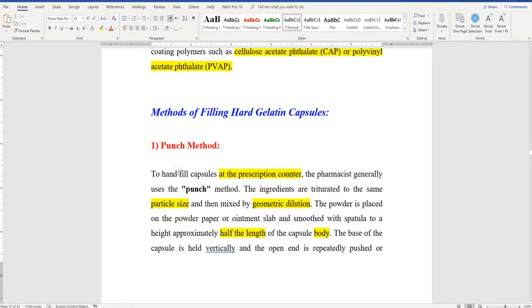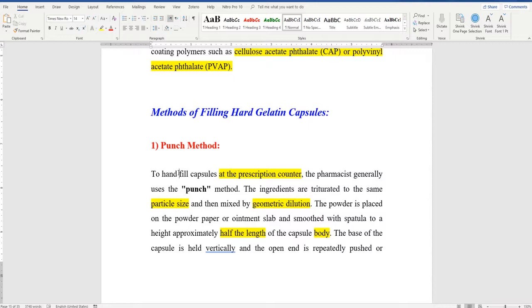Now, in this method, what do you do? After you make your formulation, which consists, if you remember, of the drug, the diluent, glidant or lubricant, and super disintegrants, you formulate your powder.